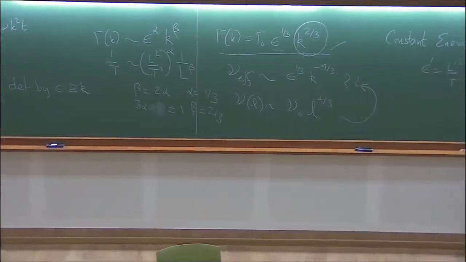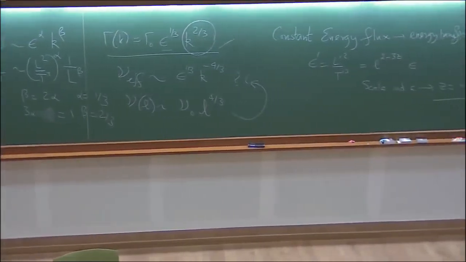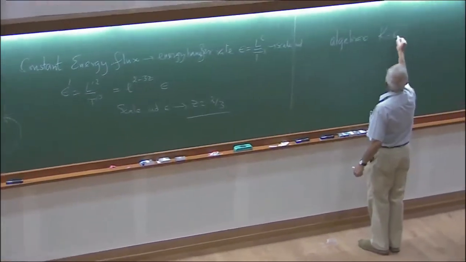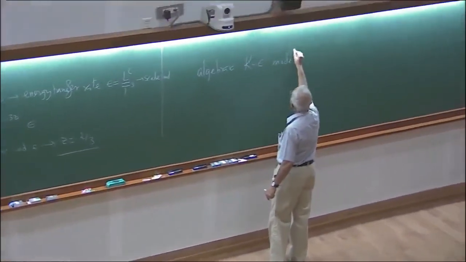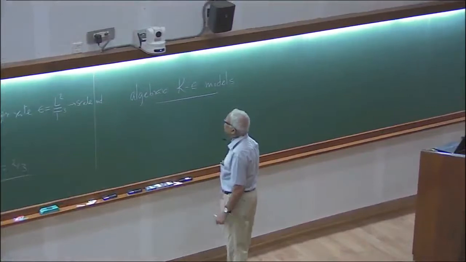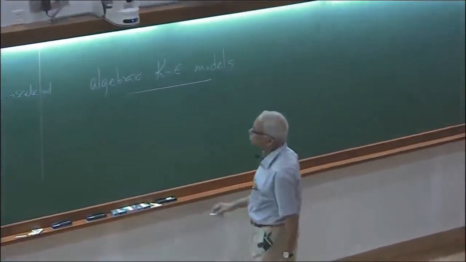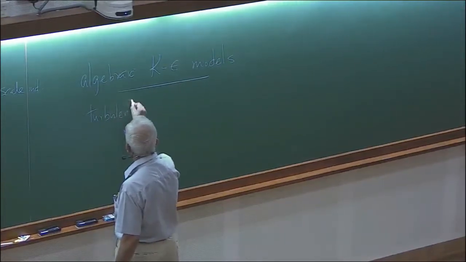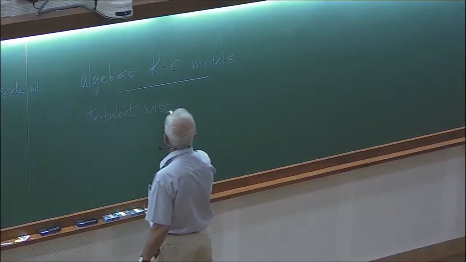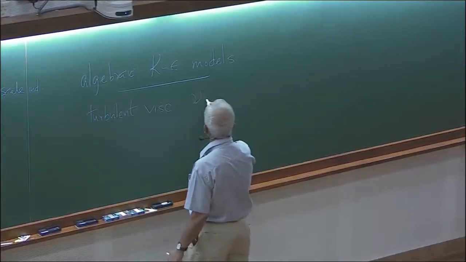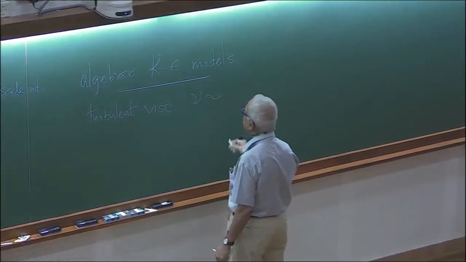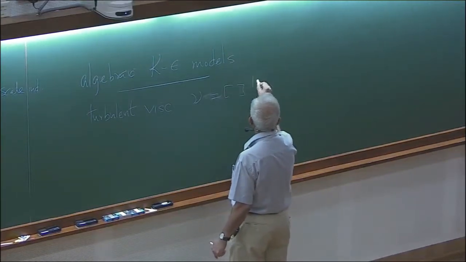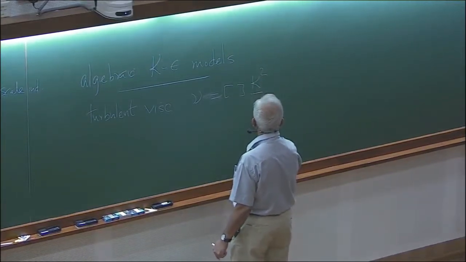For years, people have been talking about algebraic K epsilon models, where the turbulent viscosity, in these models in the 70s, was modeled as nu being equal to some coefficient times K squared over epsilon.